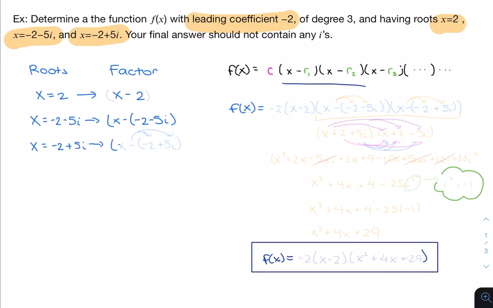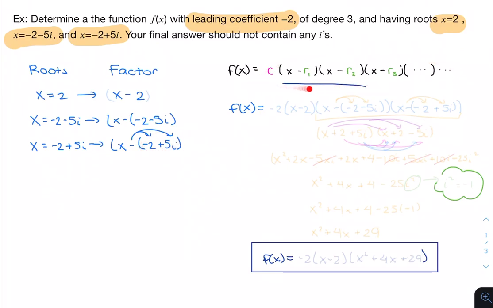We're going to rewrite it as x minus negative 2 plus 5i. And these are our factors. The reason why I'm writing the roots inside parentheses is because if we wanted to simplify, and in this case we do because we cannot have i's in it, we want to distribute the negative inside the parentheses because it is being subtracted from the whole root. So we know it has to have this form.